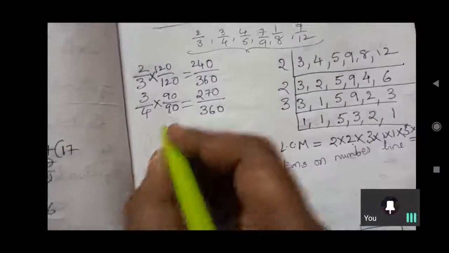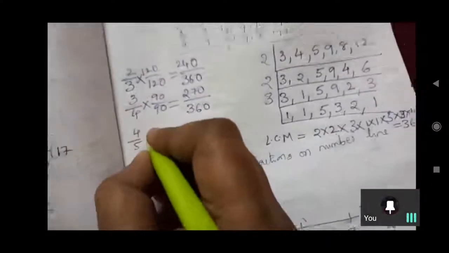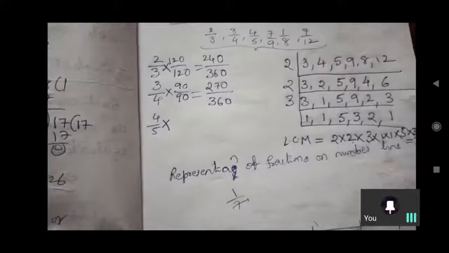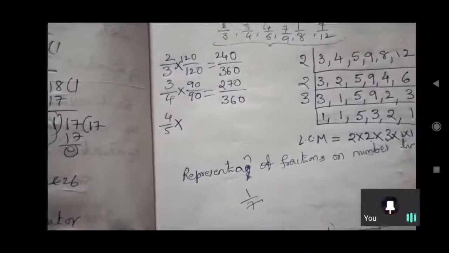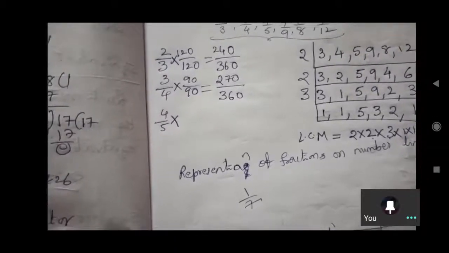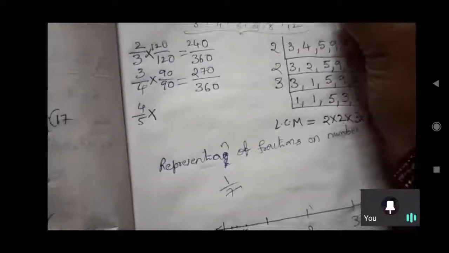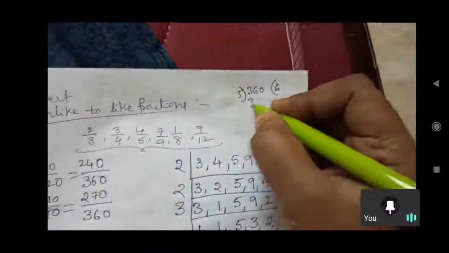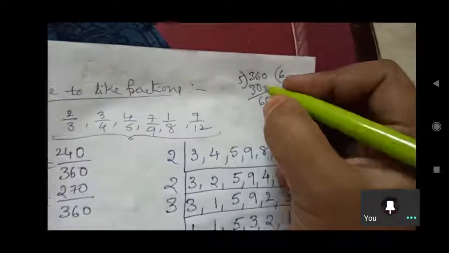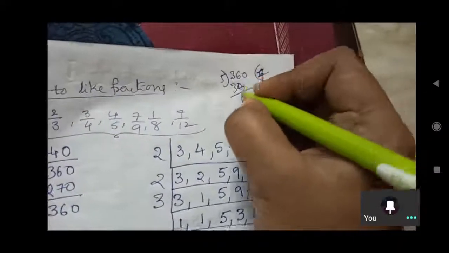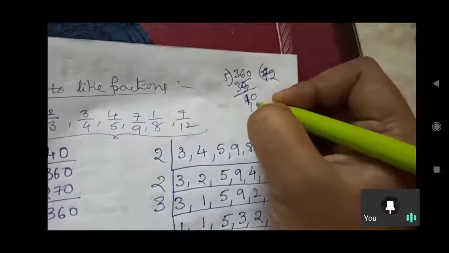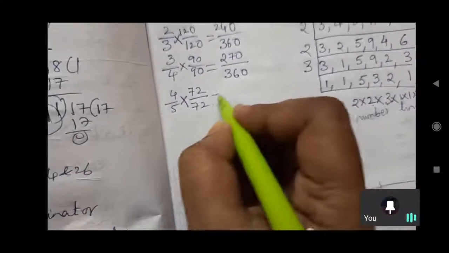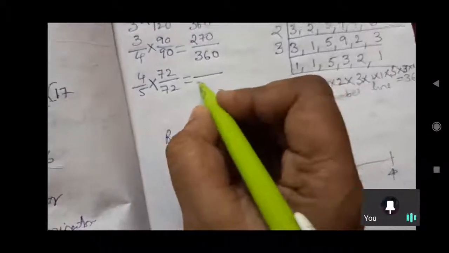So like that 4 by 5 is equal to, into, with what number can we multiply? 360 divided by 5. Yes. 5 sixes are 30, 60 means here, 5 sevens are 35. So 5 twos are 10. 72. With 72 we need to multiply numerator and denominator to get 360 in the denominator.